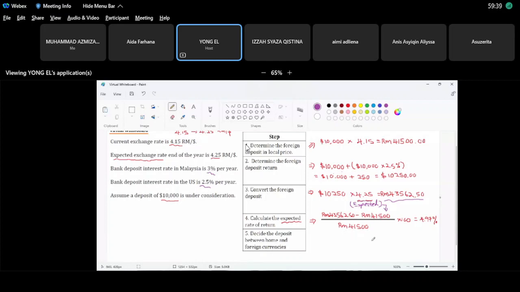Okay, I'm going to write here, this is US, and maybe this is Malaysia. 4.97%. Malaysia offers 3%. 4.97% is higher than 3%, right? And therefore, which one will you recommend? Will you recommend a deposit in US or Malaysia to this client?